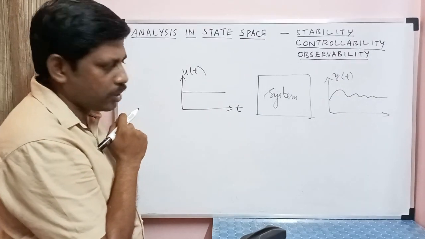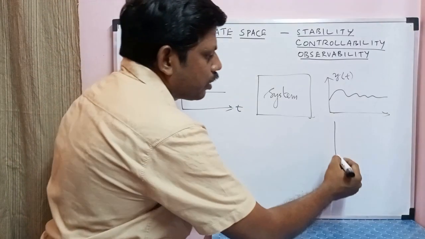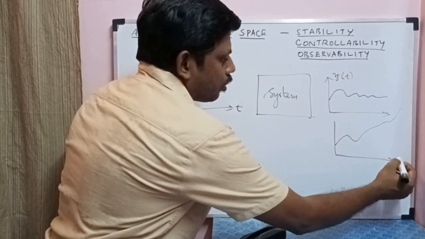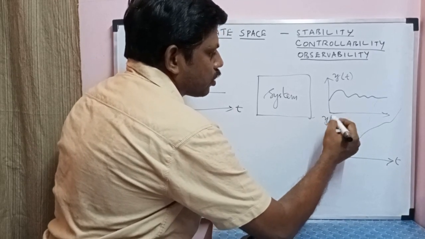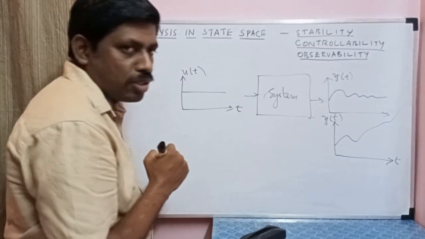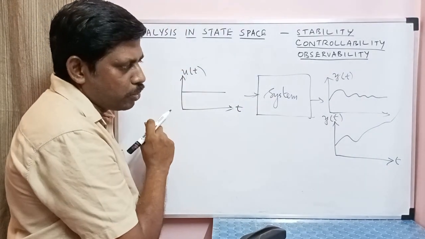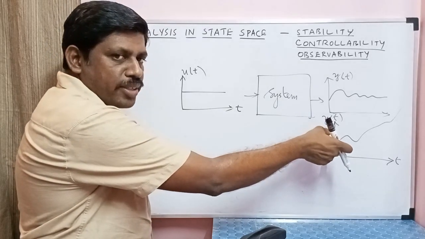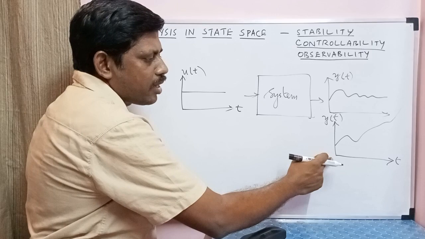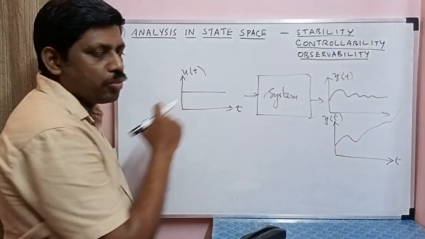But at the same time, for this bounded input, if I get something like this, then I call this system an unstable system, because for a bounded input, the output is not bounded within the permissible limits, and as time increases, y of t grows out of bounds.